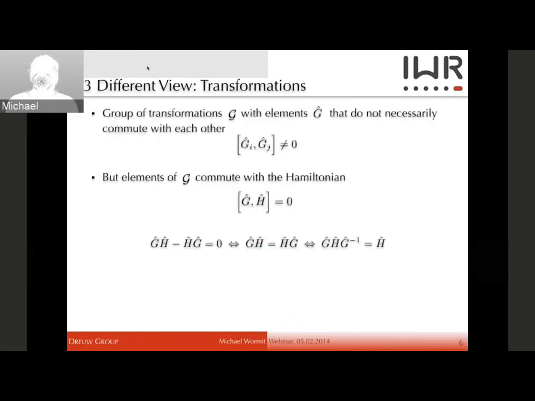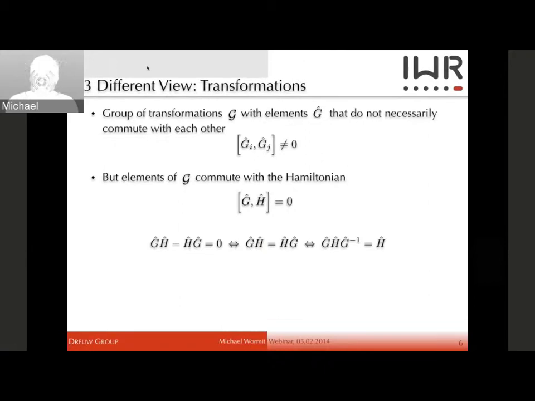There's, however, a different view on the problem, which is particularly important for point group symmetry, and therefore we now consider a group of transformations G with elements which refer to, for example, for point group symmetry, a rotation by 180 degrees, or an inversion with respect to the origin, or a mirror plane, or something like this.